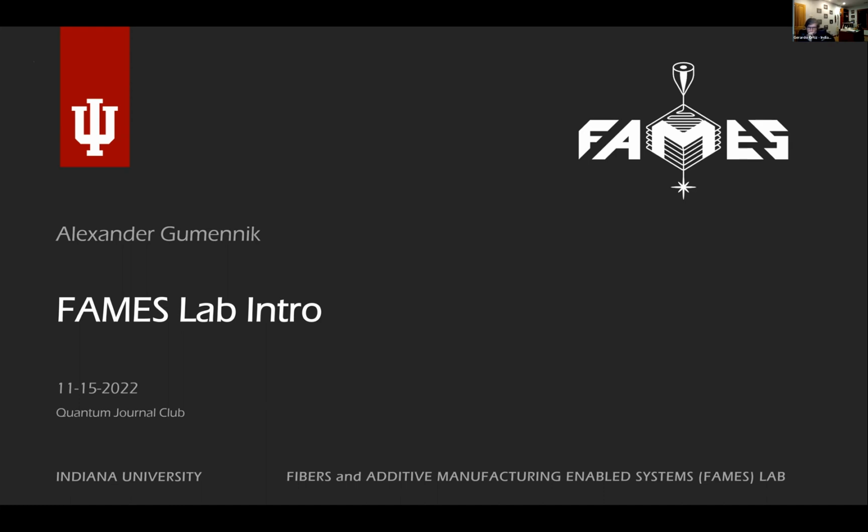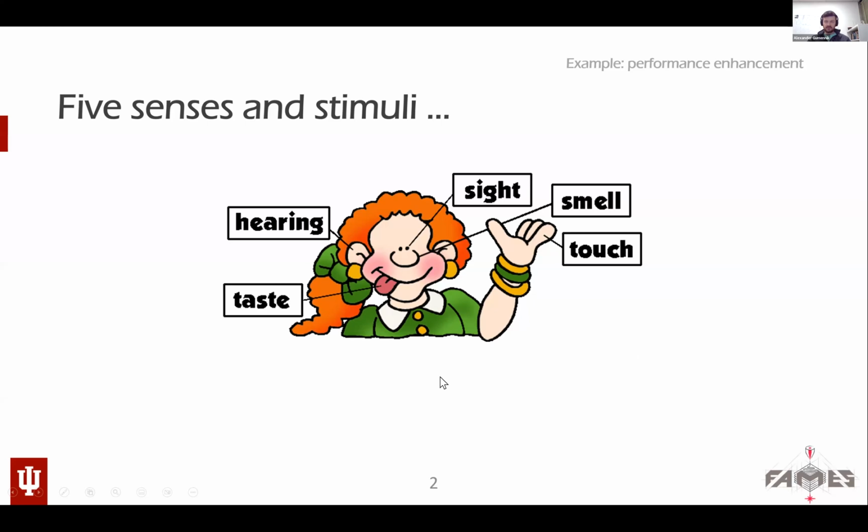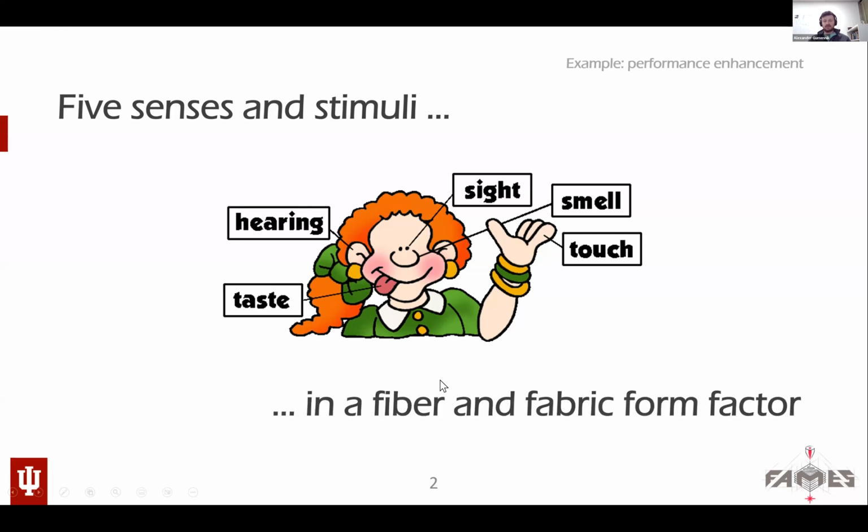The Fibers and Additive Manufacturing Enabled Systems lab, FAMES lab, is designed for the design, material processing, manufacturing, characterization, and integration of active fiber devices into systems. And when I say active fiber devices, I mean fiber devices that, for instance, have the 5 senses and stimuli of a human packaged into a fiber, and then later can be woven into a fabric form factor.